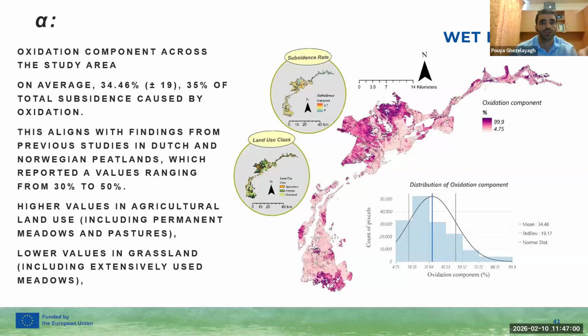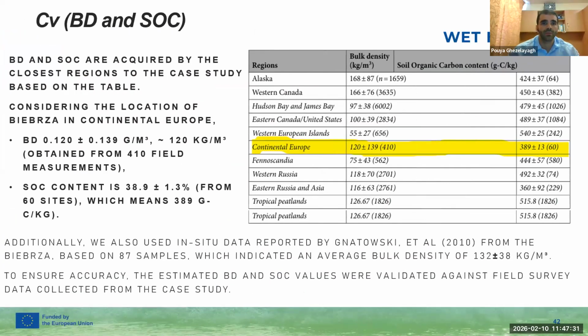And for the oxidation component, combining subsidence rate and land use class together with the equations that I told you before, we generated another map that shows the oxidation component. And as you can see in the histogram, on average, it's 35% for our case study.